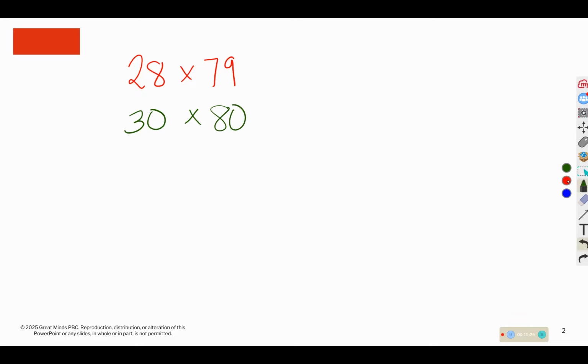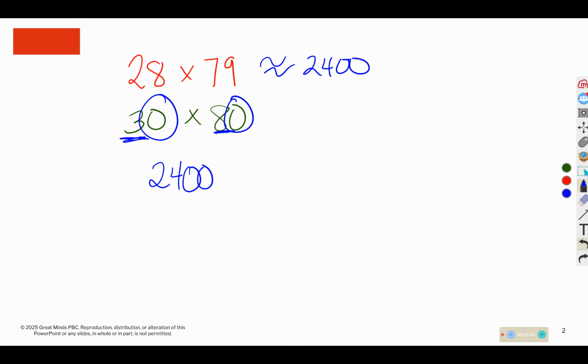Using the strategies from the previous lessons, 3 times 8 is 24, and then I still have the 2 zeros, so it should be around or approximately 2,400. It will be slightly less because 28 is less than 30 and 79 is less than 80, but it should be close to 2,400.